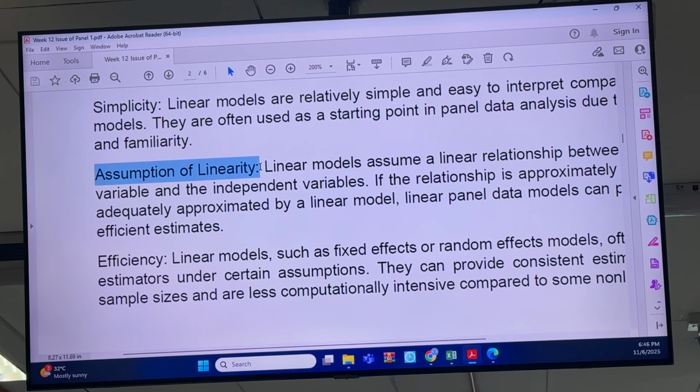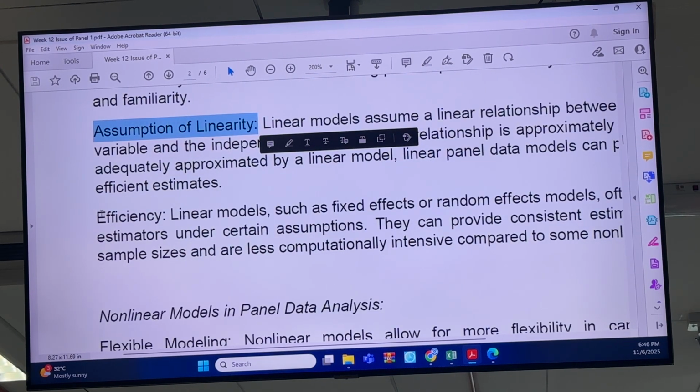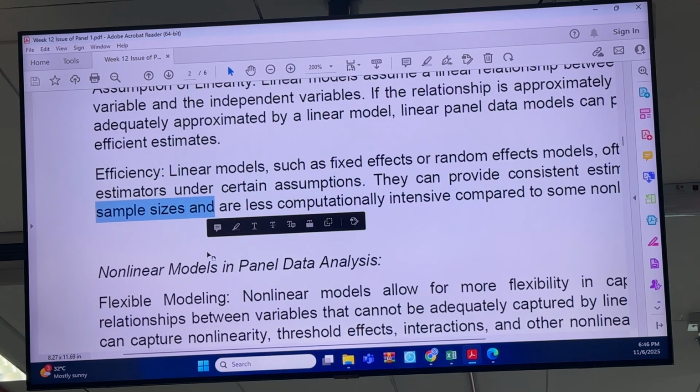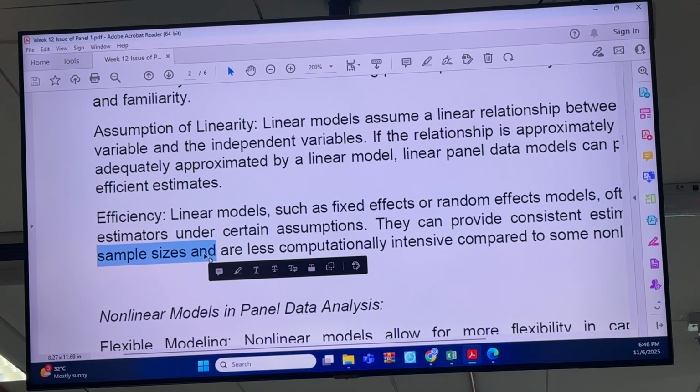The parameter estimate has to be linear, with a linear relationship between the variables of interest, and then efficiency, and it provides consistent estimates as the sample size increases. It will save a lot of work, because it's simple to explain as well.